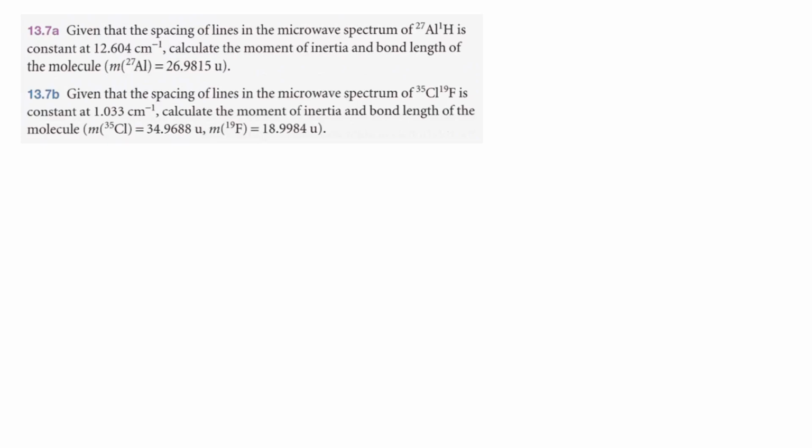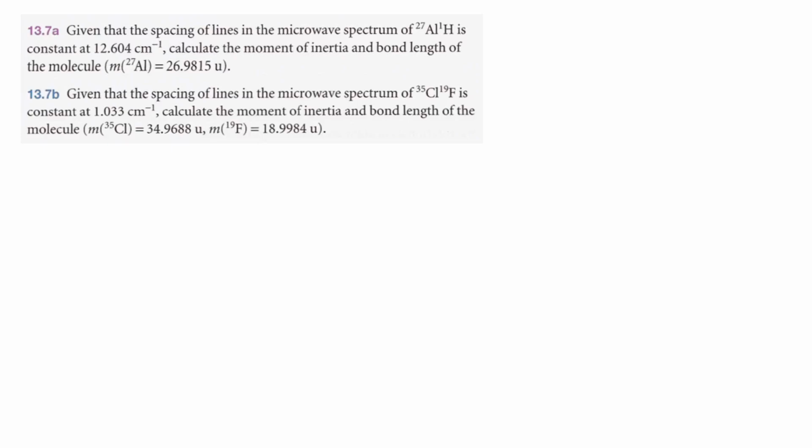Anyway, the question says that given the spacing of lines in the microwave spectra of 27 aluminium 1 hydrogen. Okay, that means it is proton and 27 aluminium. I'm not sure if this kind of molecule exists or they are just making it up. Maybe it is there.